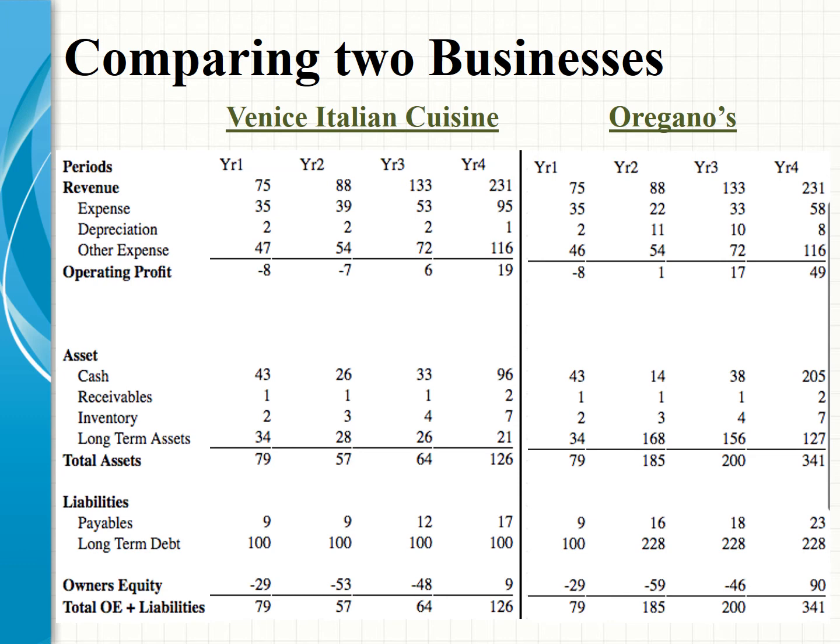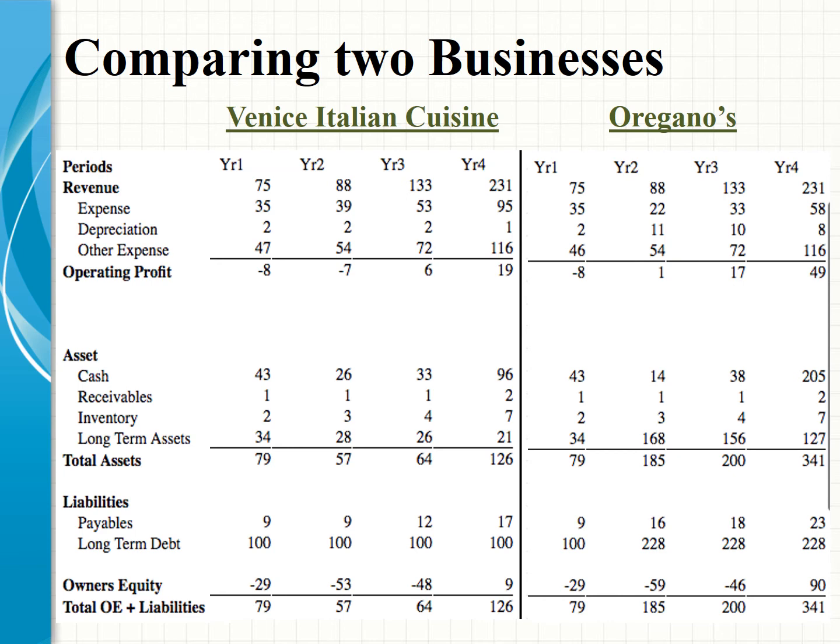The Oregano's restaurant did better, as it showed a profit of $1,000, while the Venice Italian Cuisine showed a loss of $7,000. How about year 3 and 4? Was the Venice Italian Cuisine restaurant more profitable than the Oregano's restaurant in year 3 and year 4? Of course not.